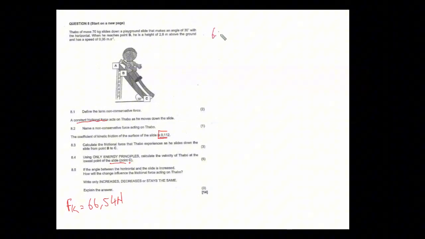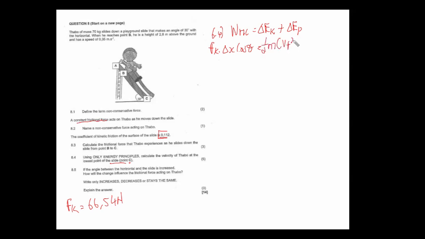So we are going to have Wnc equals change in EK plus change in EP. The only non-conservative force that we have is Fk. So here we are to determine the velocity. We are going to have Fk delta x cos theta, since kinetic frictional force happens to be the only non-conservative force. And then this is half m Vf squared.